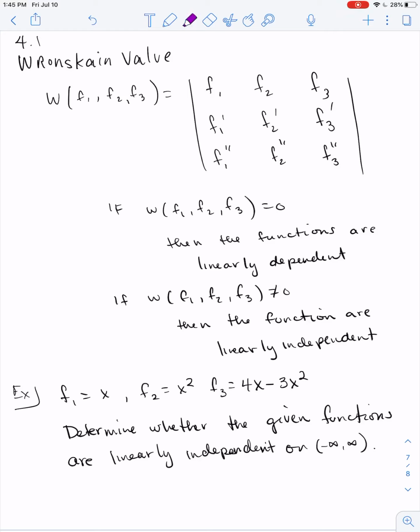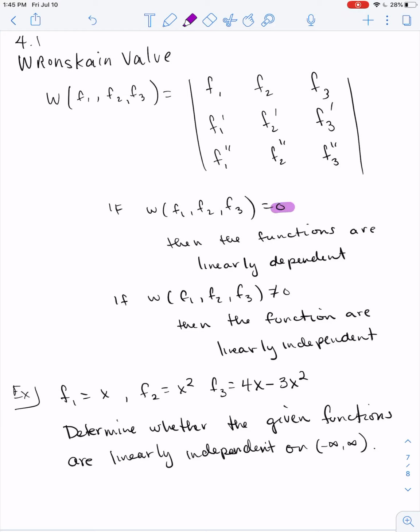Okay, so if you notice, the way you set up your matrix is that the first row is just going to be the functions, right? And then the second row is the derivatives, and the third row would be your second derivative. Now, if you have four functions, you've got to go up to the third derivative. I probably will only give you up to three functions anyway.